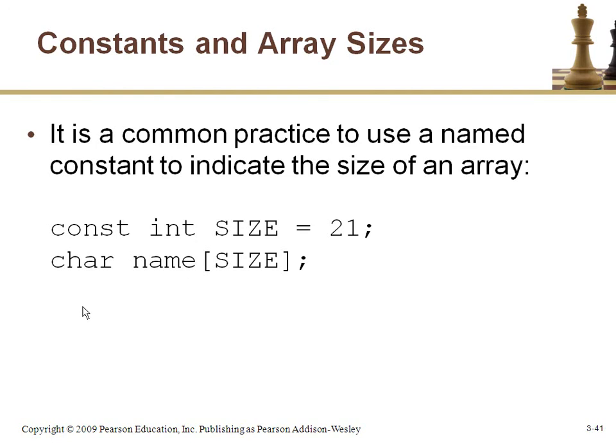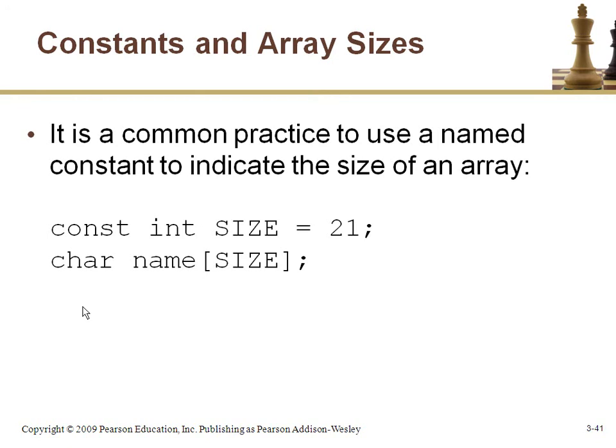Let's look at the use of constants in the size of an array. If you recall, at the beginning of the chapter we had one example where we used name to have an array size of 21 characters, consecutive characters in the memory location.